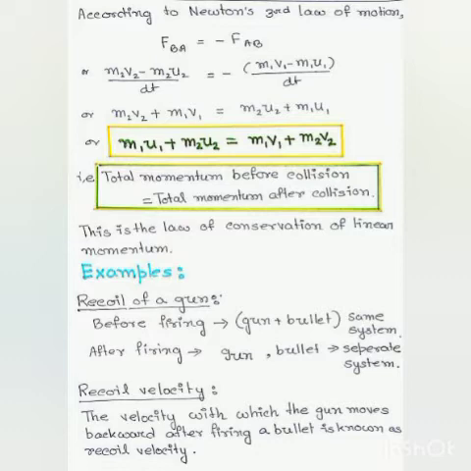That is, total momentum before collision is equal to the total momentum after collision, and this is the law of conservation of linear momentum.